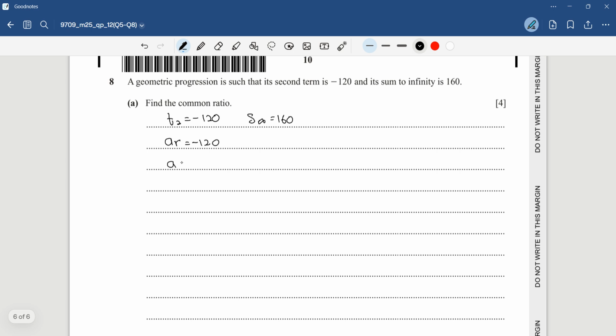So my a is equivalent to negative 120 over r. Whereas sum to infinity, the formula will be a over 1 minus r equal to 160. So I can rewrite this as negative 120 over r, bracket 1 over 1 minus r equal to 160.